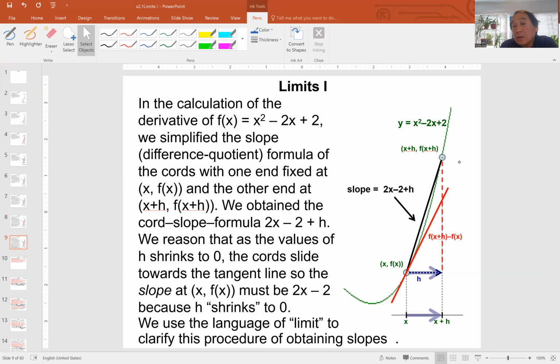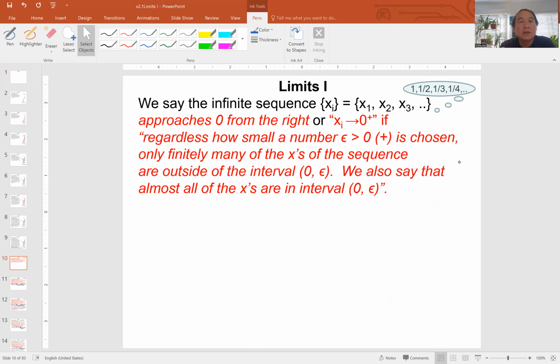This is one way to conceptualize it, and in this one we conceptualize through sequences. There's another way of doing it, epsilon-delta, which is the continuous version of this. So let me do the sequential version to conceptually capture what we mean by limit.